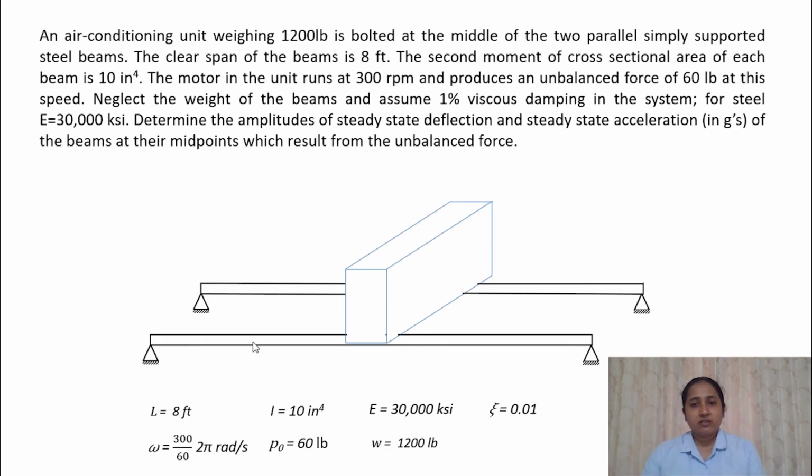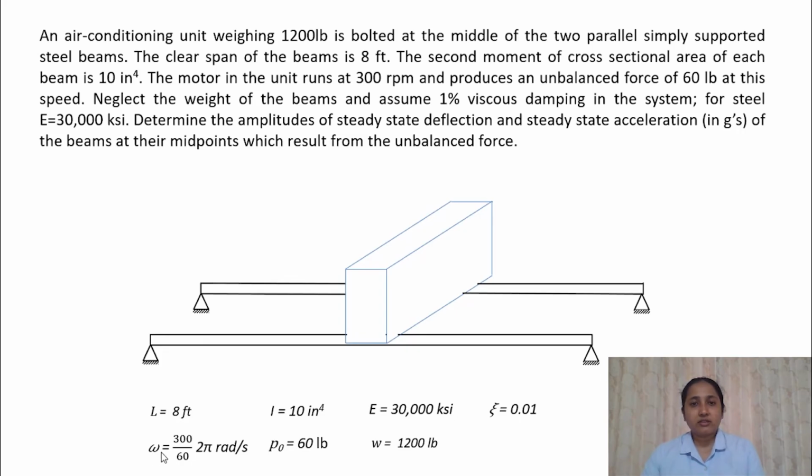The information we already have is the length of the beams, that is 8 feet, and the second moment of cross-sectional area, that is I, 10 inch to the power 4. Young's modulus is given, and zeta, the damping ratio, is 0.01, that is 1% viscous damping.